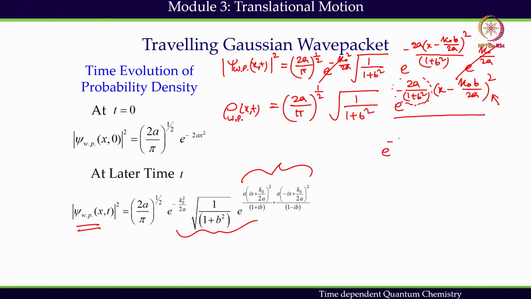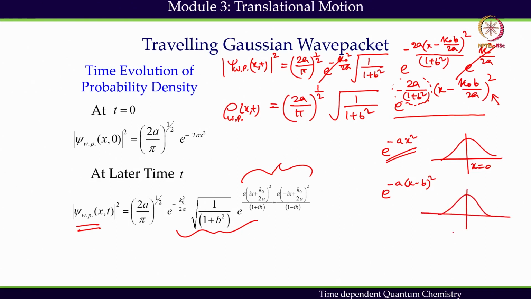If I had e to the power minus, let's say, some constant a x square, this is a Gaussian function centered at x equals 0. But if I have e to the power minus a times x minus b whole square, then this Gaussian function will be centered at x equals b. It's just shifted from the center position x equals 0 to x equals b, and that's the meaning of this Gaussian function. And a similar Gaussian function we have here.